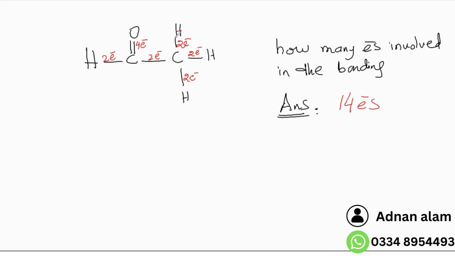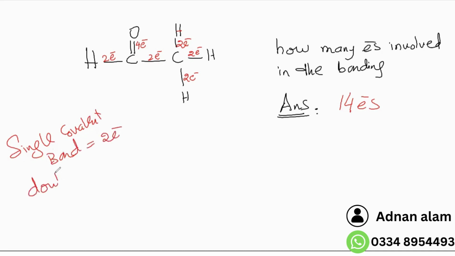Right? So you need to consider that one single bond has 2 electrons. So this single covalent bond has 2 electrons.